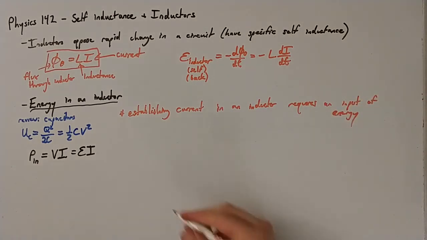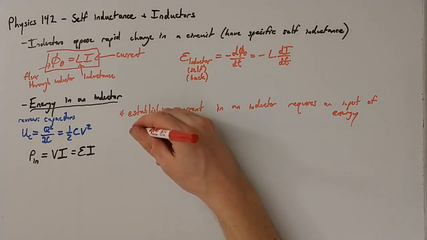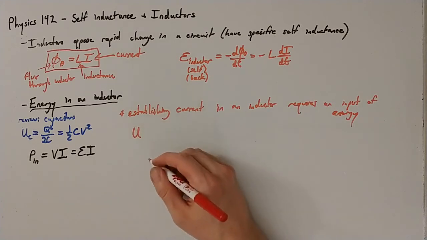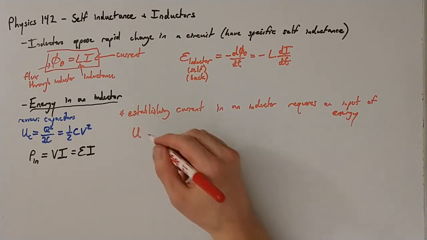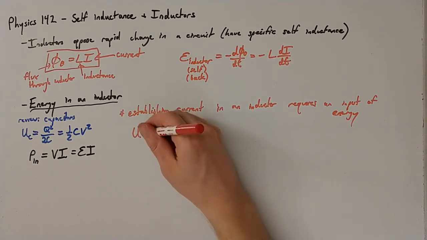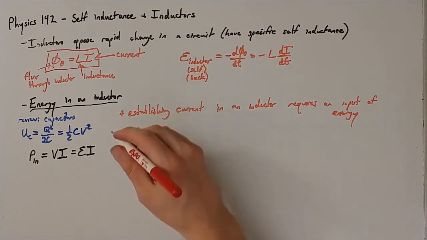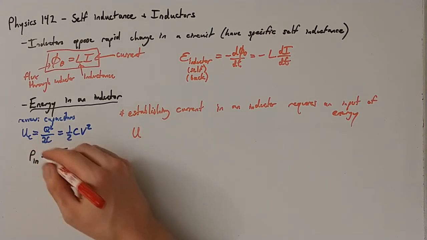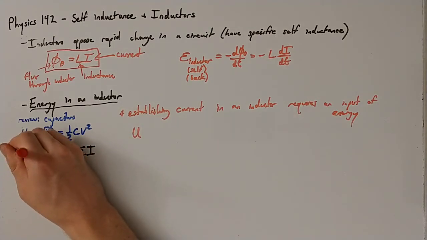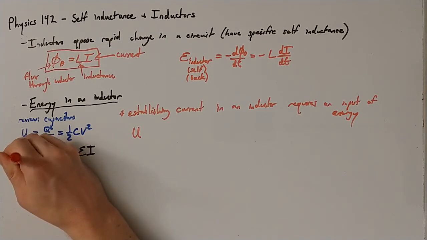Well, how much? One way I know how to calculate this is, let's say the stored energy in the inductor, we'll call that U. It's kind of the potential energy of the inductor, if you will. How much energy we're storing. What's the relationship between U and P? The power is how that stored energy changes with time.